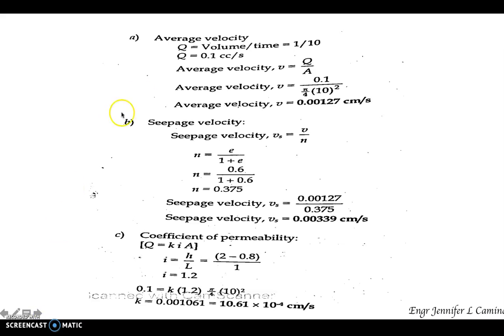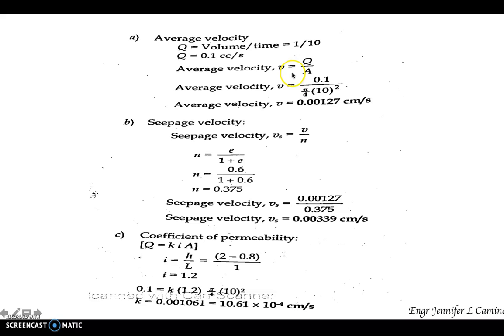To get the average velocity, since we are given the volume and the time, we can divide them so that we can compute our flow of water, or the discharge, which is 0.1 cubic centimeter per second. Since we have now computed the discharge, from the formula Q = A times V, we can compute the velocity.